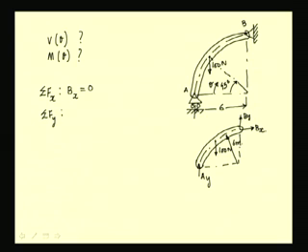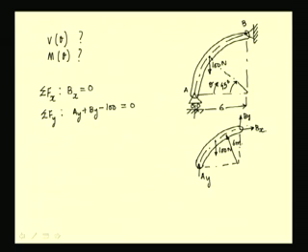We have this reaction By and the reaction Ay plus the externally applied force 100 newtons along the y direction. So, we have Ay plus By minus 100, the downward force, equal to 0.